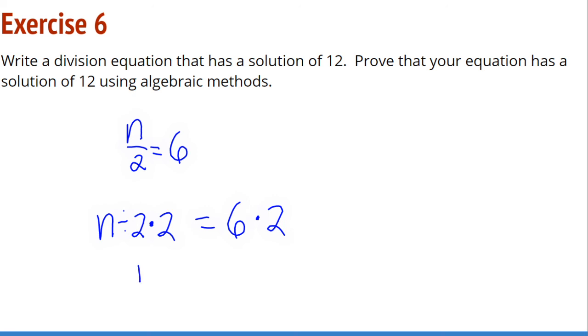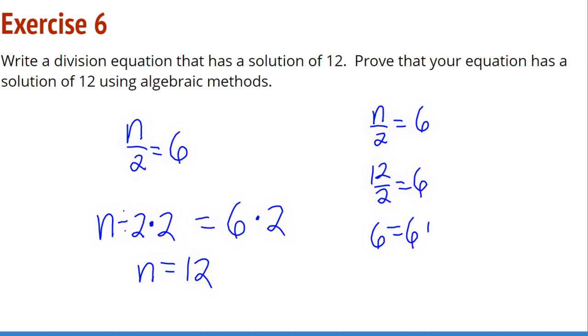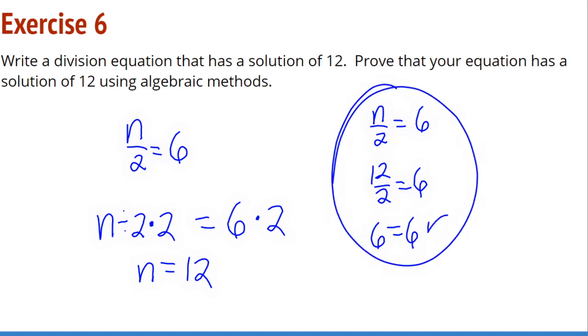So I've got a number will be equal to 12. Now I need to substitute. Number divided by 2 is equal to 6. 12 divided by 2 equals 6. 6 is equal to 6. Everything checks out beautifully.